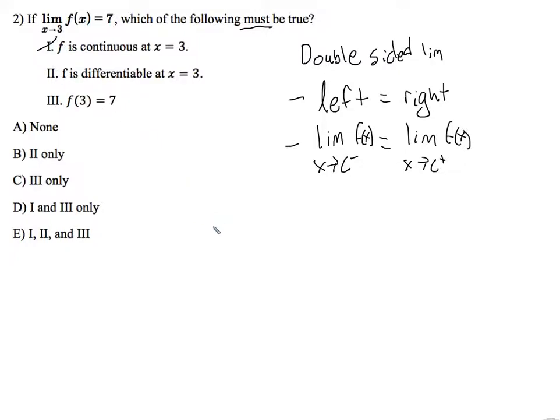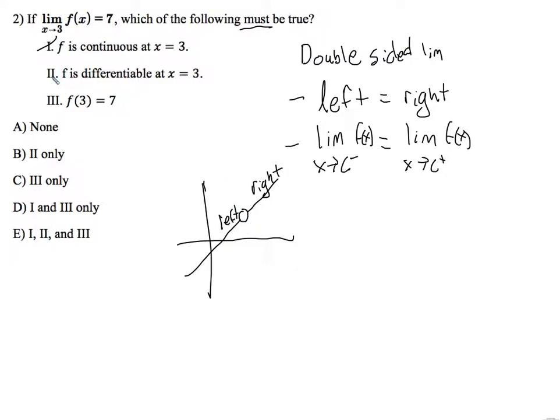And that's a good point, because let's look at this example graph. I'm coming up here, and then I have a hole, and then I keep coming up. It's not continuous. It's discontinuous, I guess is the word I'm looking for. Discontinuous at x equals 3, but the right limit and the left limit are equal to the same point. They approach the same point.